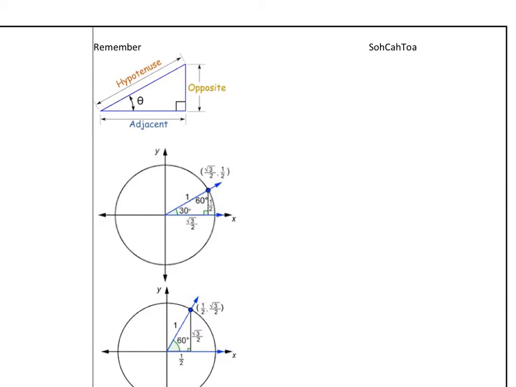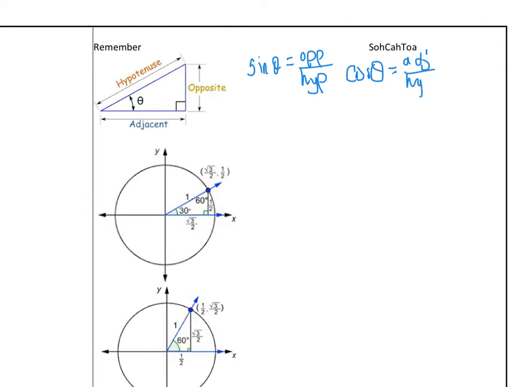So now we're going to look at how trigonometry can work on the unit circle, or how they are interacting with each other. So a quick review, our basic right triangle trigonometry that we've been using is the sine, cosine, and tangent. We know that the sine is SOH, which means opposite over hypotenuse, and the cosine is CAH, so cosine of theta is going to be adjacent over hypotenuse.